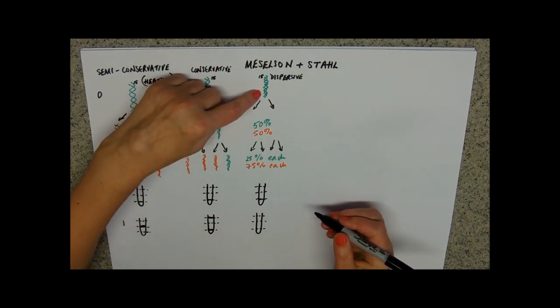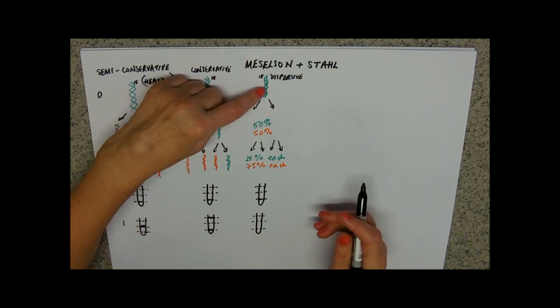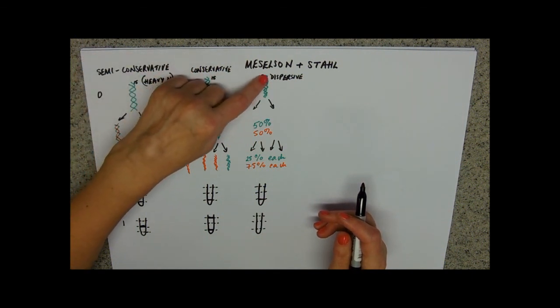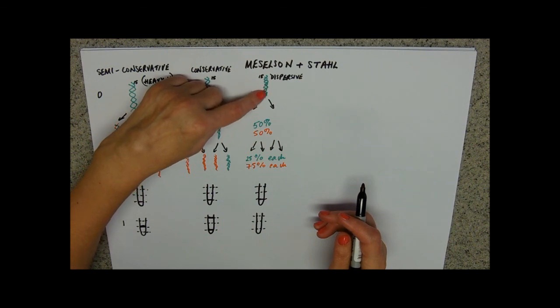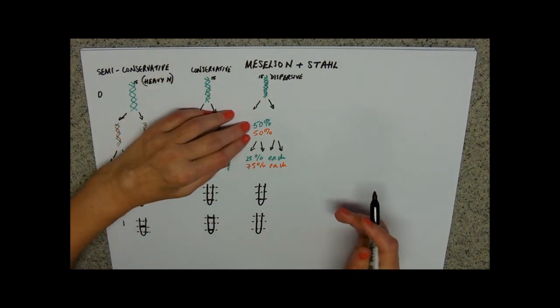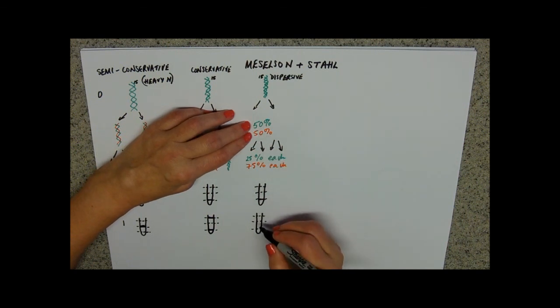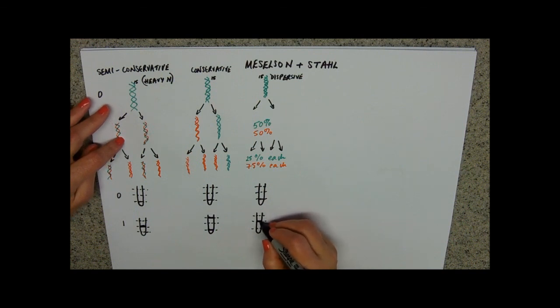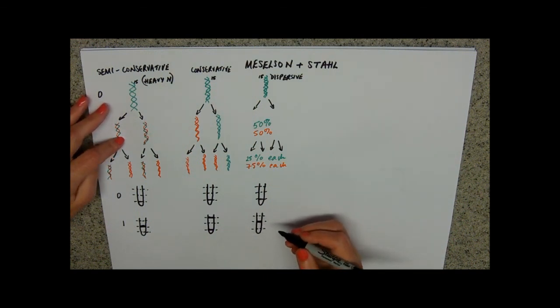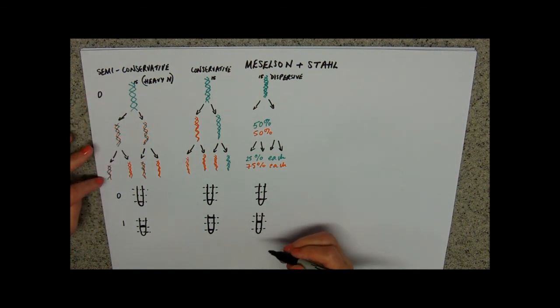If we look at the dispersive model, I'm not drawing it because it's too complicated, but we were saying we were splitting that DNA molecule between two new molecules, and we would expect that each of them would have 50% of the heavy and 50% of the light. A bit like the semi-conservative one, it would just be a bit all over the place. So again, that's going to go to the middle. All those molecules will go to the middle.